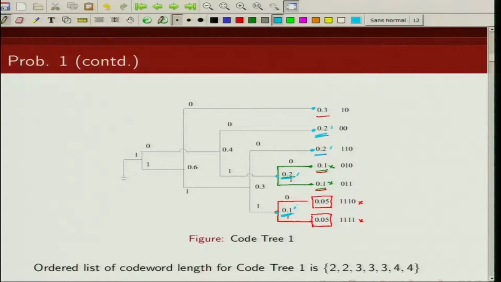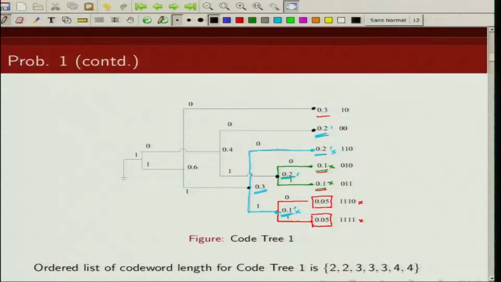In this example, I'm just combining with this one. I get a new node whose probability is 0.3, and I deactivate those two nodes. At this point, my active nodes are these four.